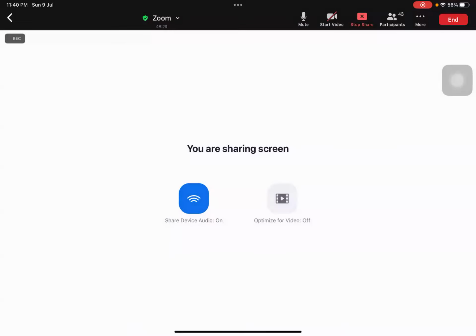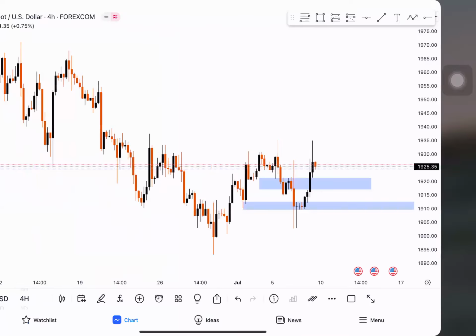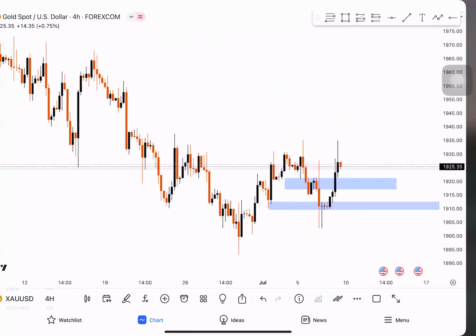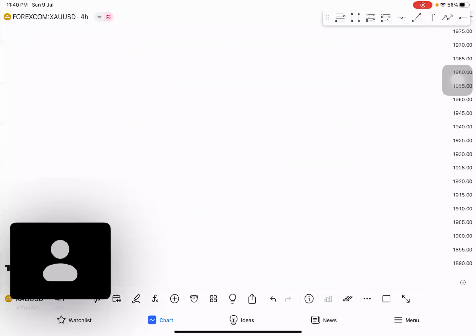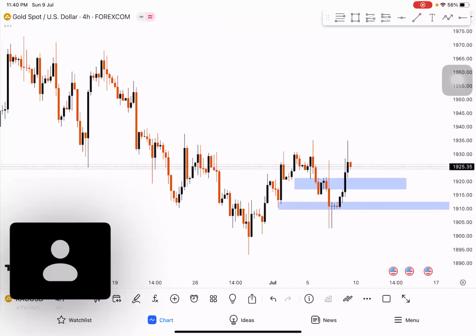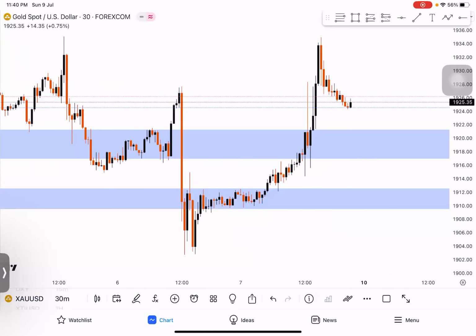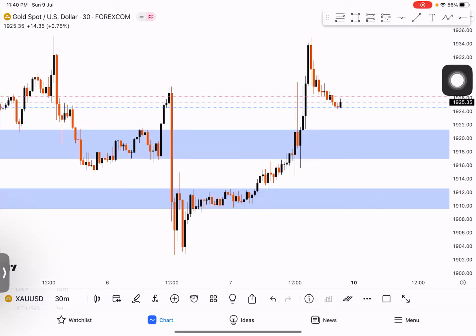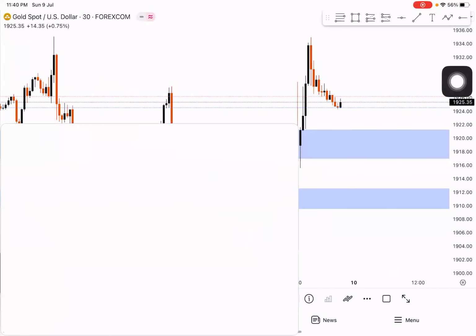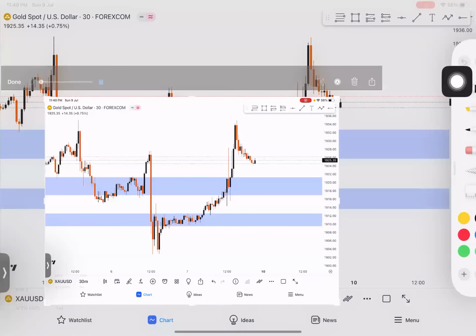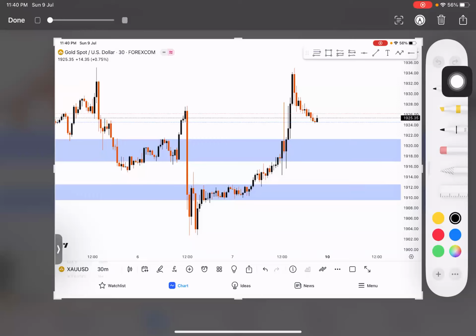So what should we be waiting for in H4? We already drew the H4, then we can wait for the confirmations in M30, right here. What we should be waiting for as confirmation has three types.